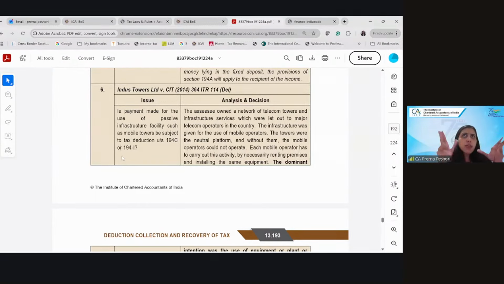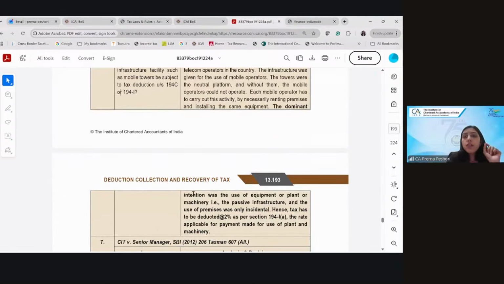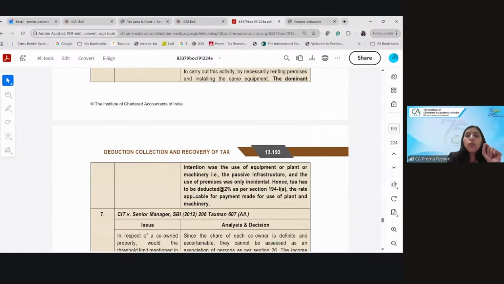You see towers near the buildings and all of that. When they let out these towers to the telecom operators, does this qualify as rent? The Delhi High Court observed that the dominant intention here was, yes, the usage of the equipment or plant and machinery. The towers are nothing but the equipment.